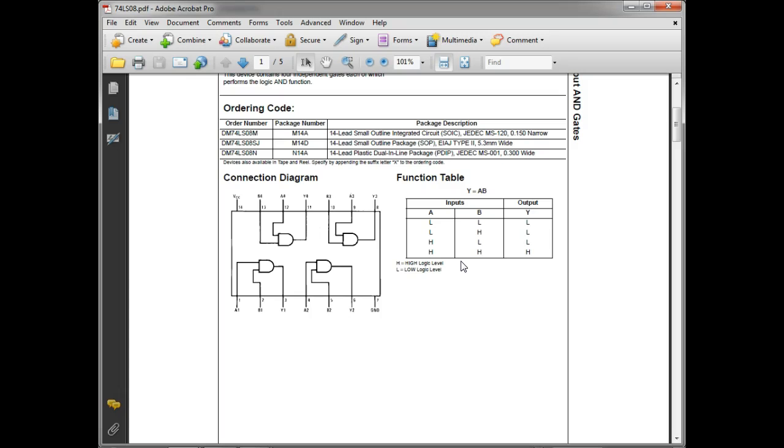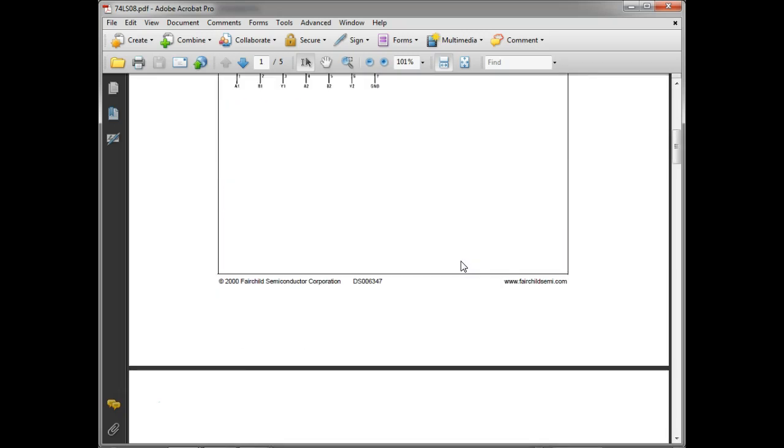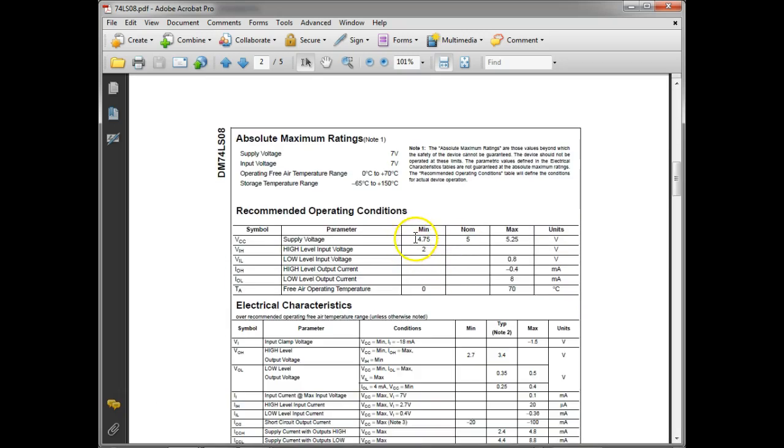VCC and TTL, we've talked about this already. In solid state, all we know is that VCC is what we call a collector voltage, and it can be anything. In digital, VCC is plus 5 volts, plus and minus a certain percentage. So I can come down here and look at the recommended operating conditions.